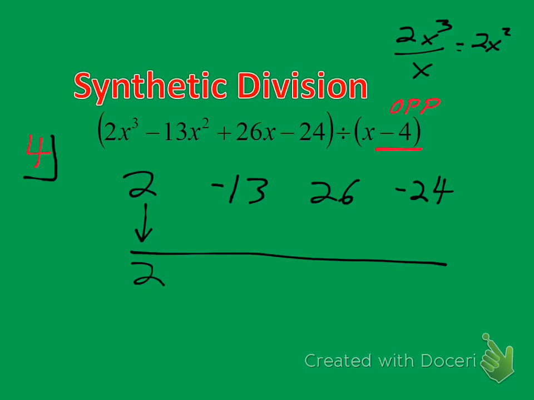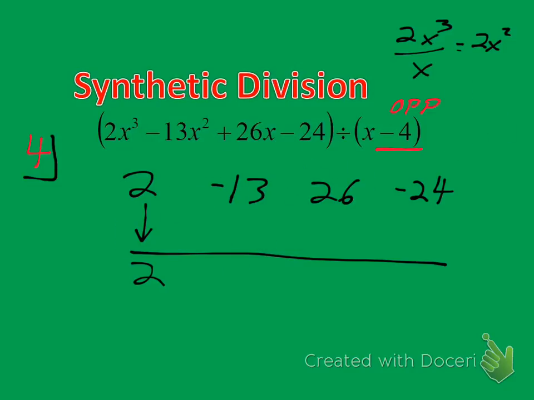You do that first. They all don't go down? Not yet, no. Just 2. Your first number will always go straight down. Because look up here. Remember this? Not a coincidence. See that?